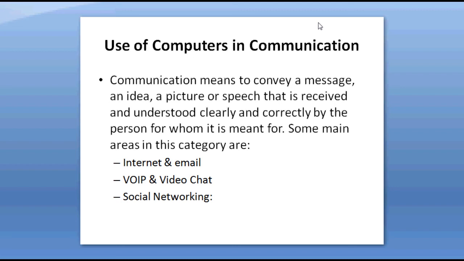Social networking. Social networking sites including Facebook and Twitter allow users to rapidly generate content for people in their network to view. Rather than sending individual notes, social networking provides a constant stream of updates and information.